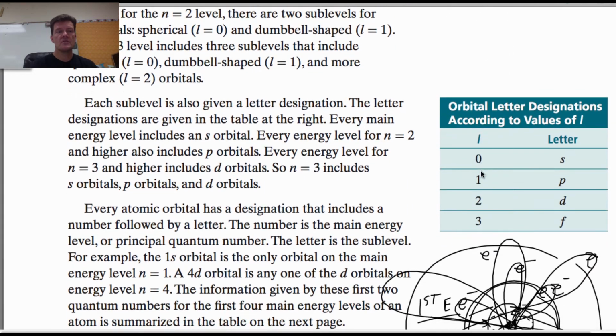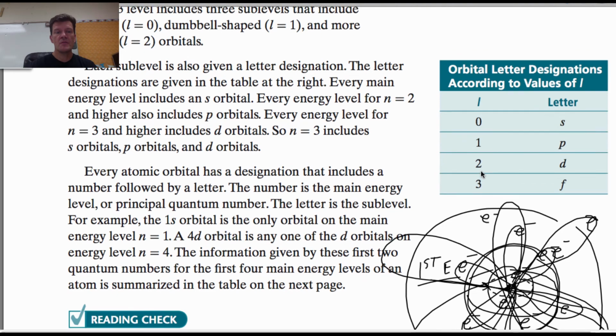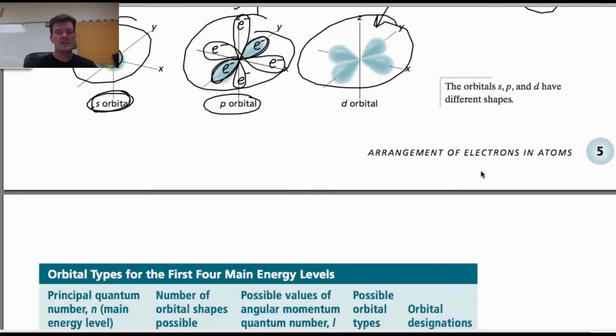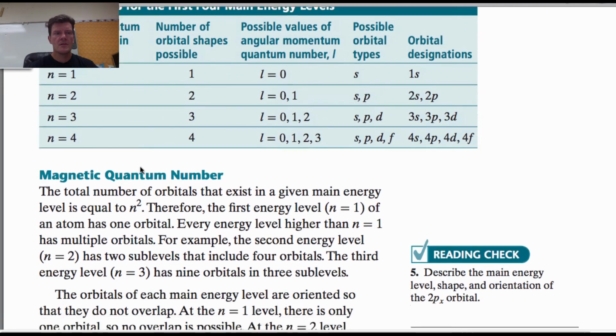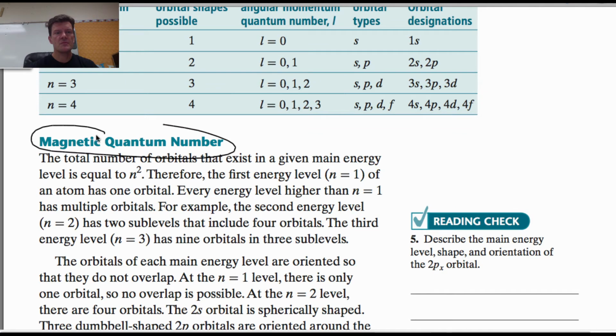Then we have one more number, and that is called the magnetic quantum number. That magnetic quantum number has to do with if there are more than just one P. Remember, there are 3 P's and 5 D's, and I didn't tell you this, but there are 7 F's.